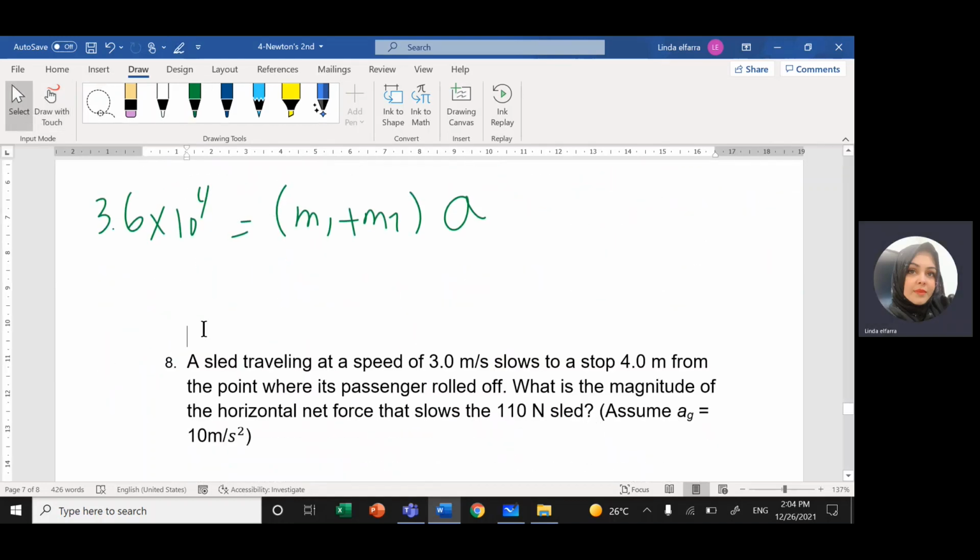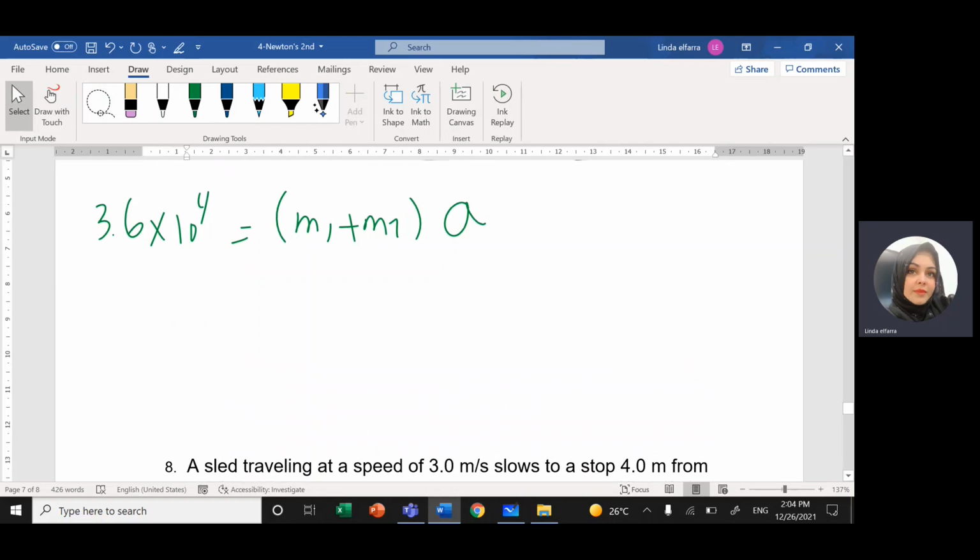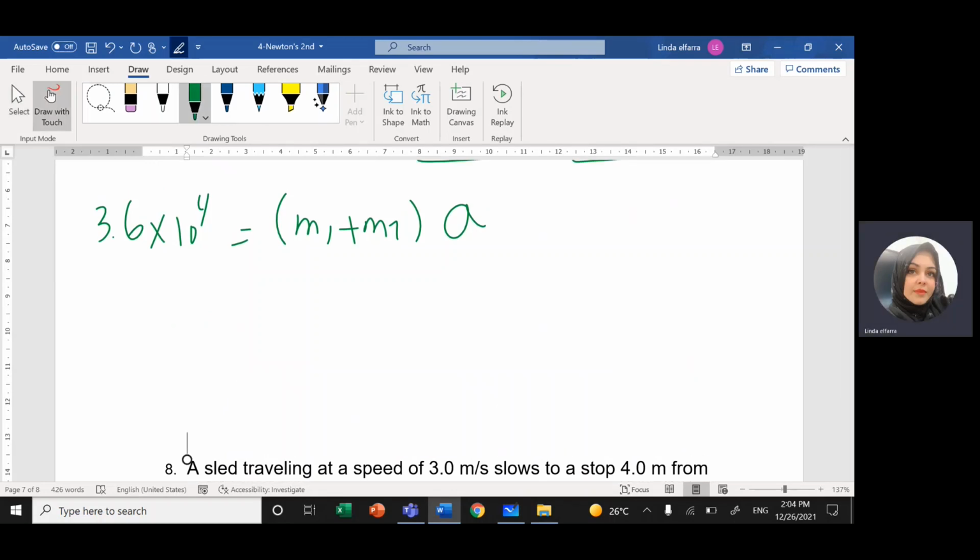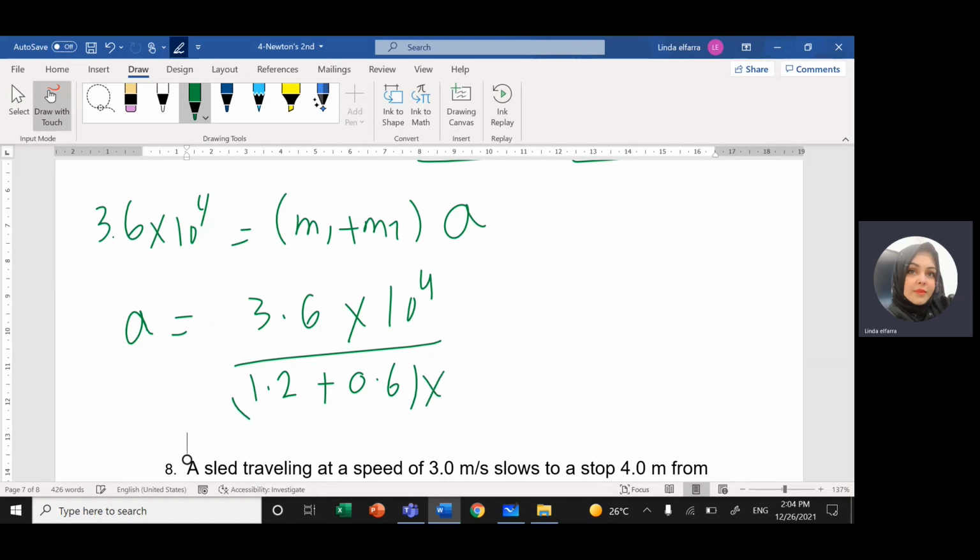So the acceleration A, divide both sides by M1 plus M2, so A will equal 3.6 times 10 to the power 4 divided by M1, which is 1.2, plus 0.6, both of them times 10 to the power 4. I can cancel 10 to the power 4, and then we calculate this one. It should equal 2 meters per second square.